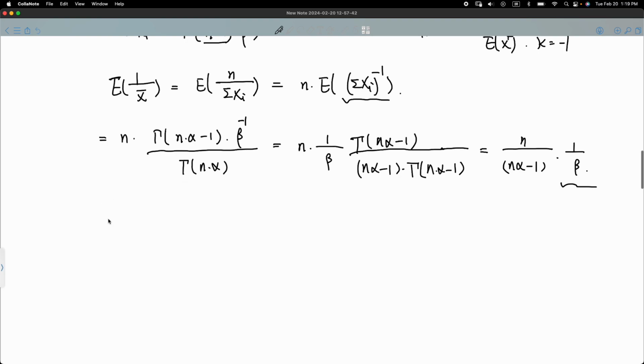So the unbiased estimator should be in the form of n alpha minus 1 over n multiplied by 1 over x bar. So this should be your constructed estimator. And then if you evaluate this estimator, taking the expected value, you will get 1 over beta, which is the unbiased estimator for 1 over beta. So you need to design it in a way like that.